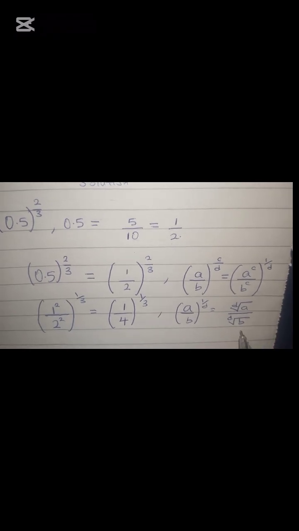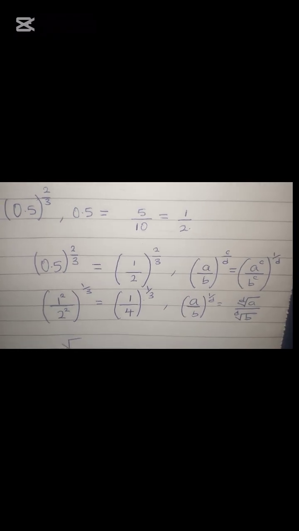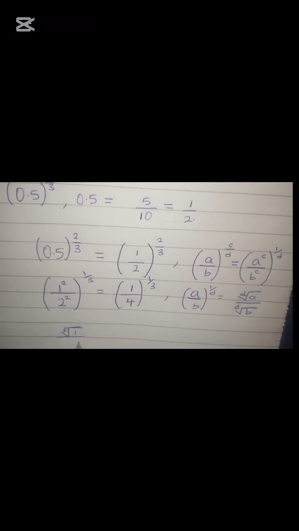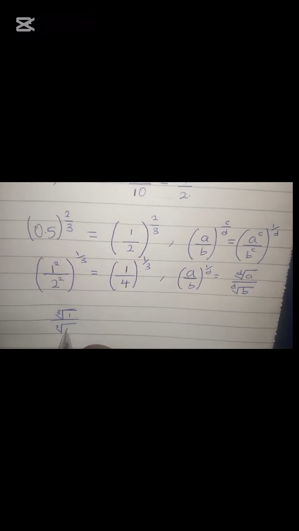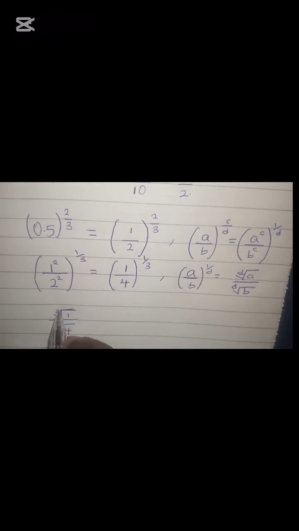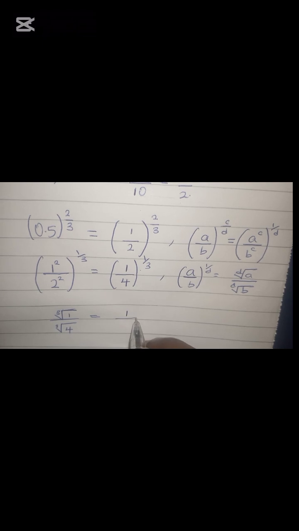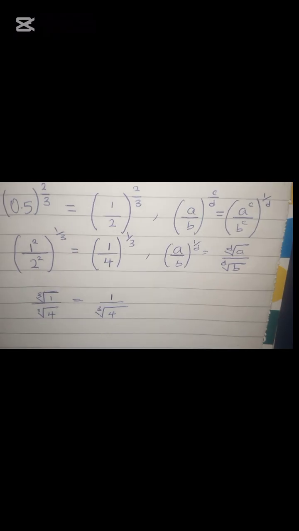If we put this rule here, we simply have the cube root of 1 over the cube root of 4. I know the cube root of 1 is going to give us 1. So we are having 1 over the cube root of 4. So this is what we are now having.